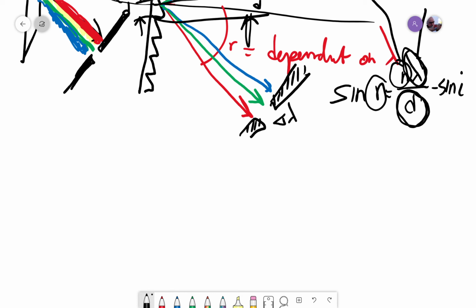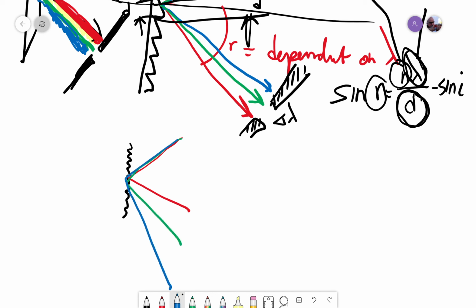So the tinier the slit, the bigger the dispersion.